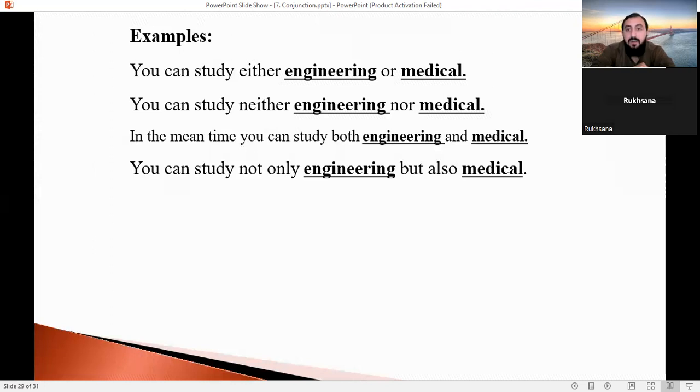Not only but also means both of them. It gives a negative concept, but gives a positive meaning. So the third and fourth sentences have similar meanings. Only the use is different.